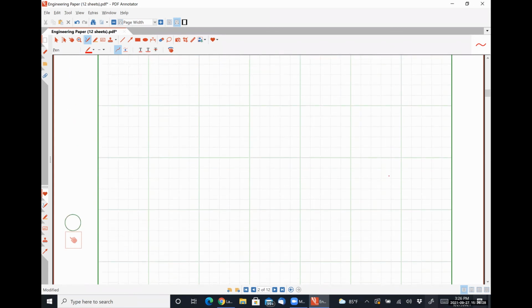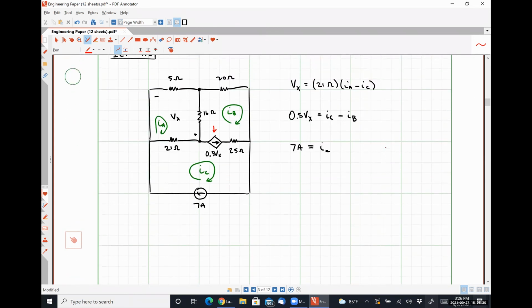If we look at this problem, there is a current source between mesh B and mesh C. The problem here is that mesh C has a current source on the perimeter, which means I literally cannot write a Kirchhoff's voltage law equation for that super mesh. I don't need it at all.